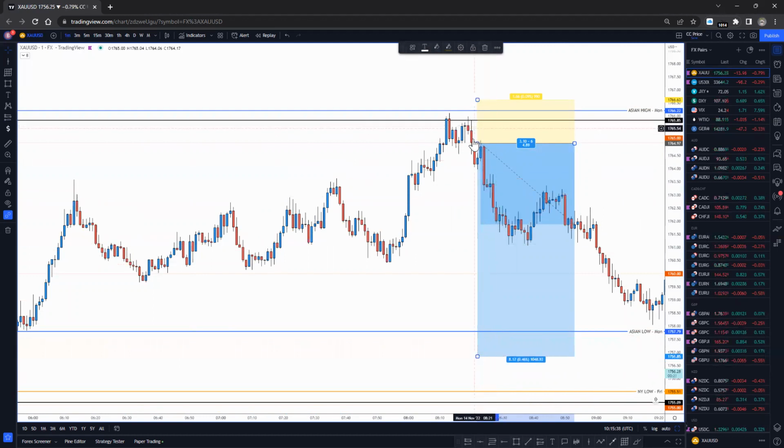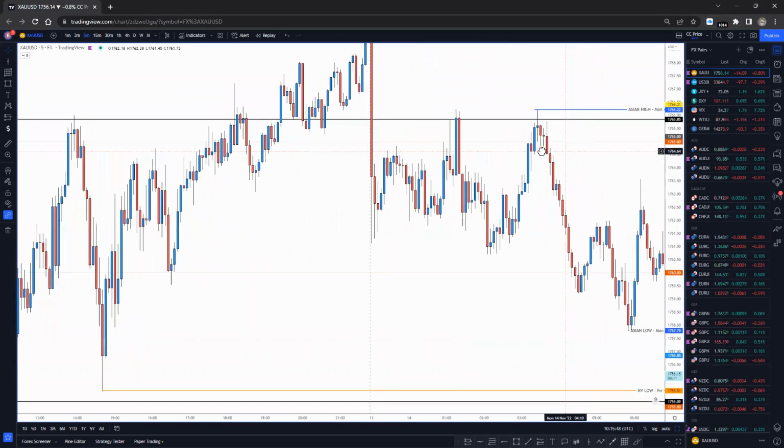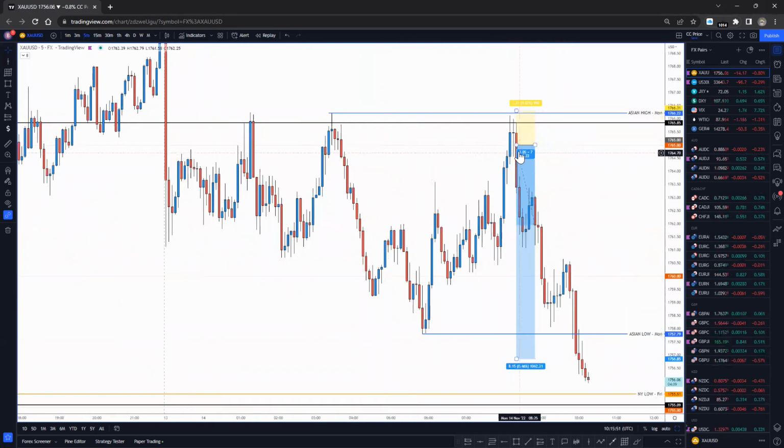Where was your stop loss? If you go to the 5-minute chart, the bottom of that range. I took here, then after reaching this point, I moved again.